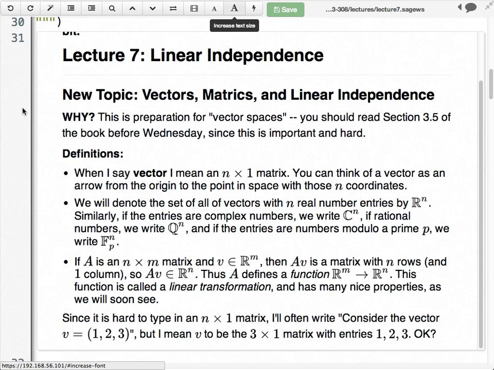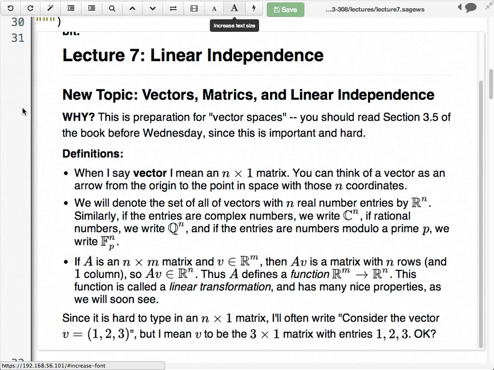Okay? Before we do that, though, I've mainly talked about matrices and not vectors in this class. And for the purposes of this class, I'm going to use the word vector to simply mean a matrix with one column and n rows. So an n by 1 matrix.